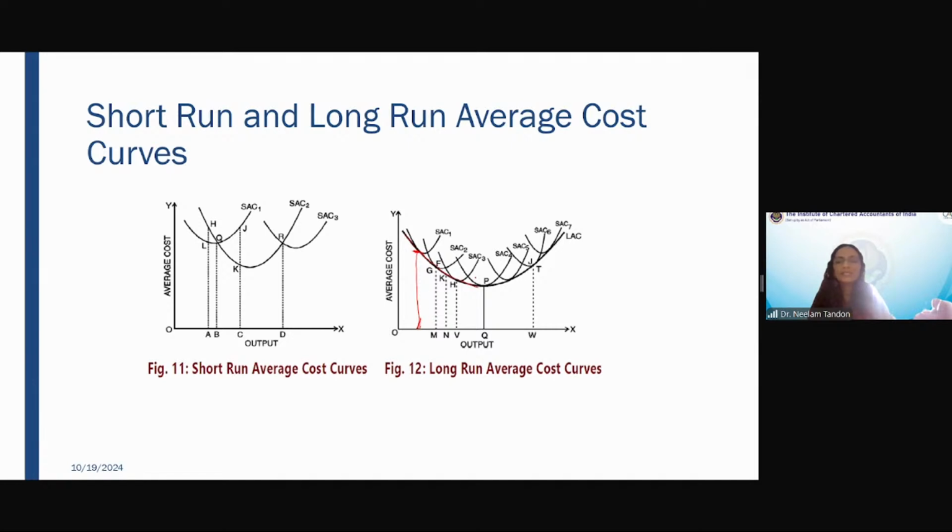As the firm size increases, cost goes down. The average cost goes down and output increases. So the larger the firm, the lower the average cost and the higher the level of output.